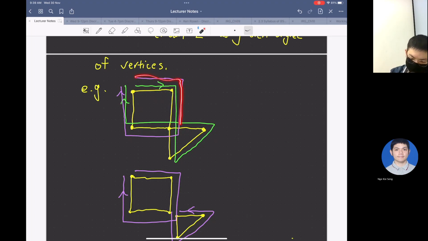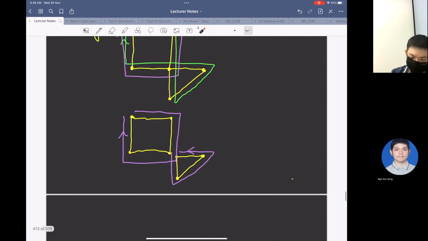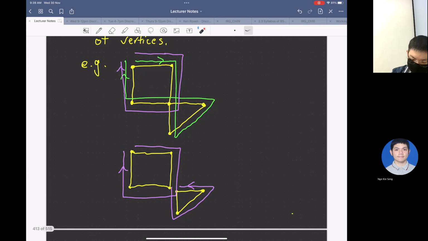But in the purple case here, you didn't pass through the rest of the vertices. Okay. So what you can do is consider the subgraph removing this part. Then you look at the rest, the second connected part.